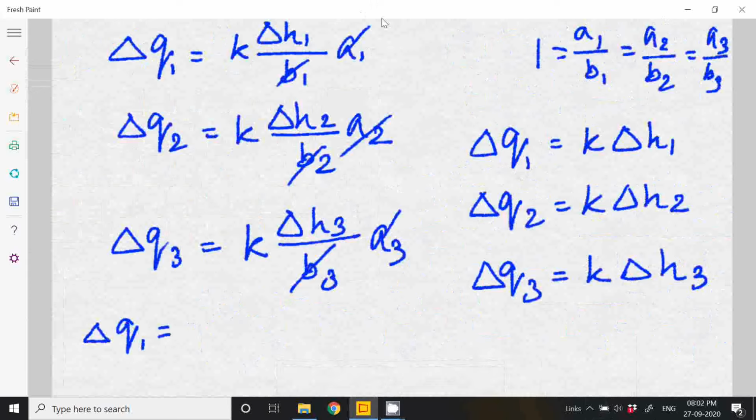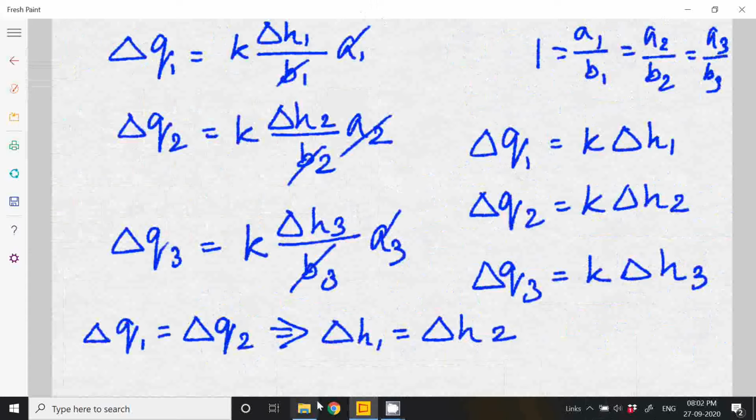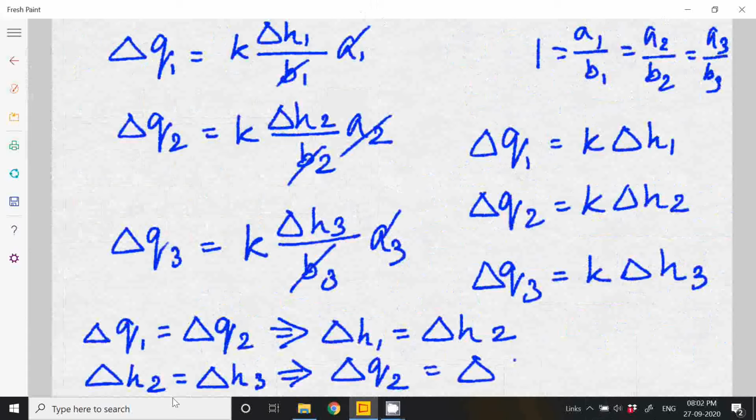Now we know that delta q1 is equal to delta q2, isn't it? So this implies delta h1 is equal to delta h2. Again, we know that delta h2 is equal to delta h3.